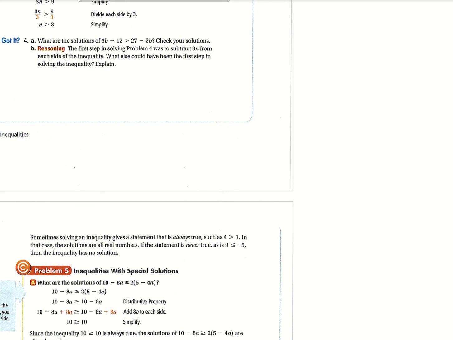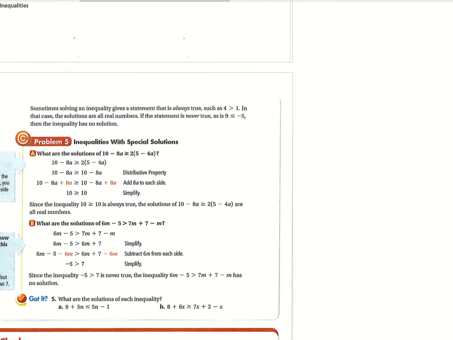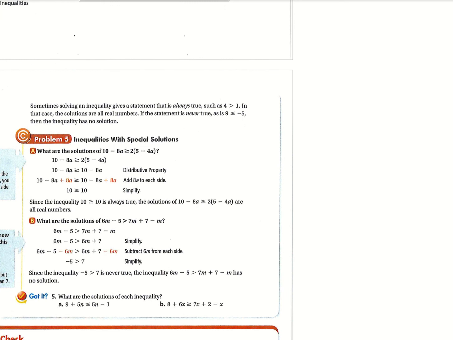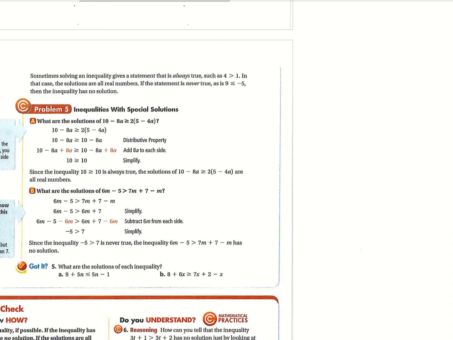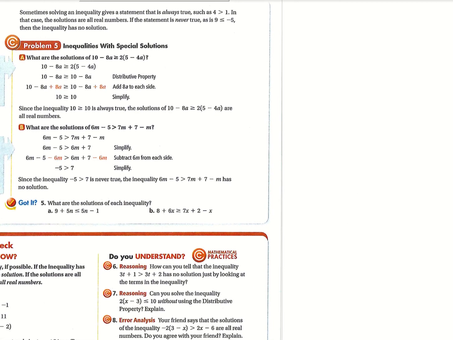All right, so next we will move on to problem 5, which is inequalities with special solutions. This is the last bit, so this is where it's kind of similar to what we had again with equalities or equations. So we have this problem over to the right side. 10 minus 8a is greater than or equal to 2 times the quantity of 5 minus 4a.